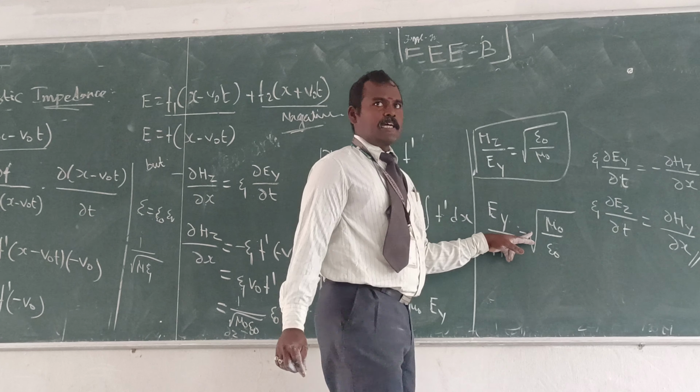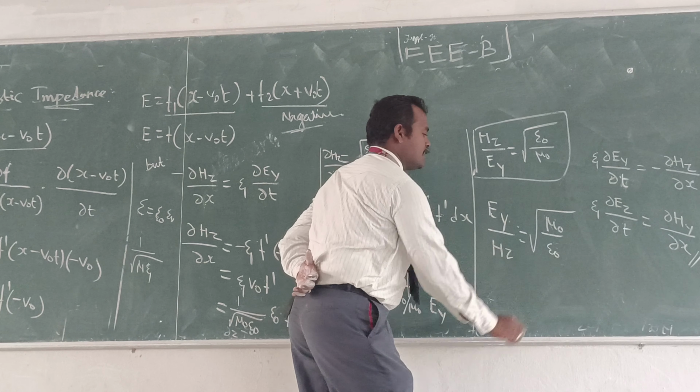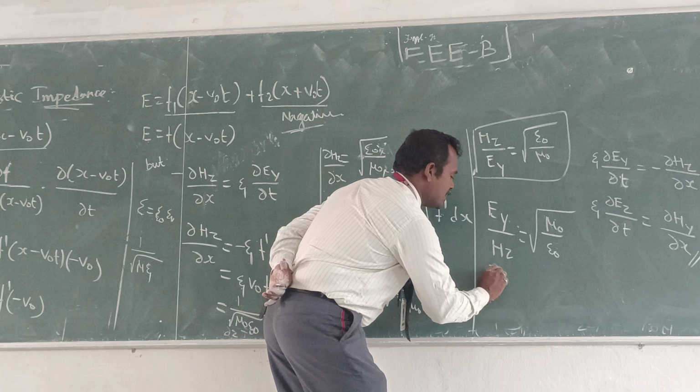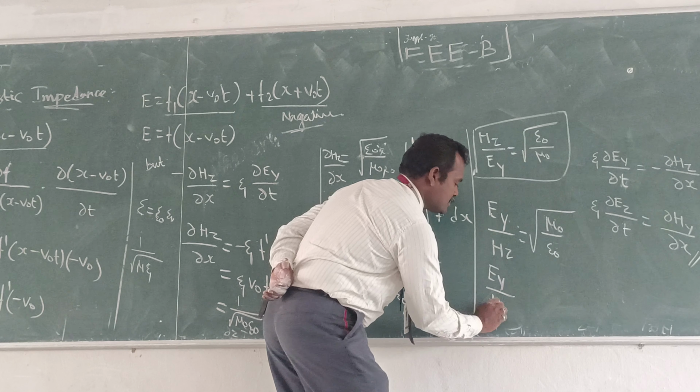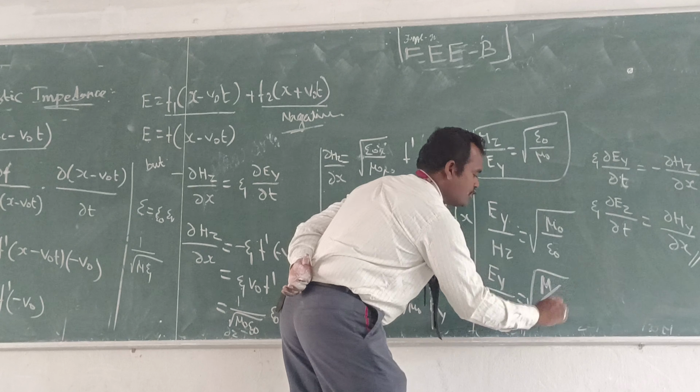Here we are considering free space, which is why mu naught and epsilon naught came. If it is a conducting medium or some other medium, it would be the square root of mu by epsilon.